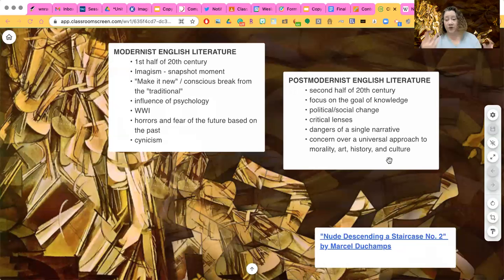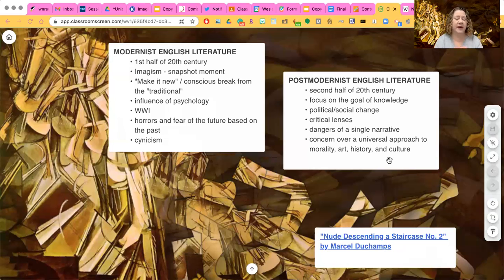Whereas there are lots of religions in the world, and now that there's been immigration into Britain since the Victorian times, there are new voices, and there are people who don't have that same kind of narrow scope on the world. And so postmodernists are interested in looking at not one view of the world, but multiple views of the world. And so they look at art and history and culture in that way.